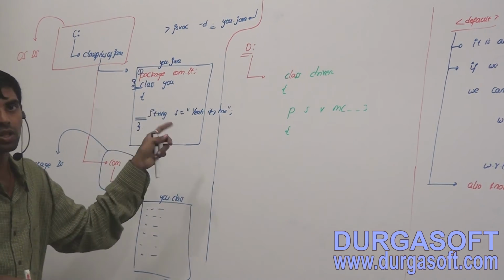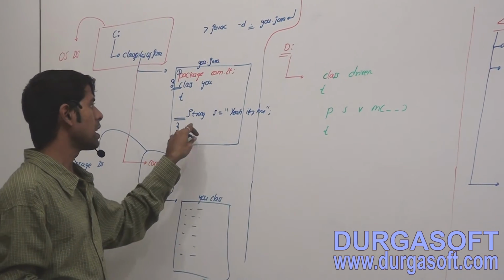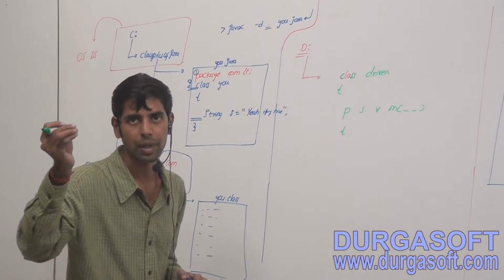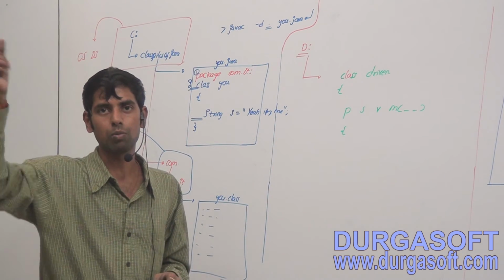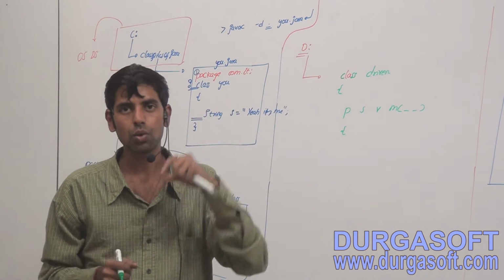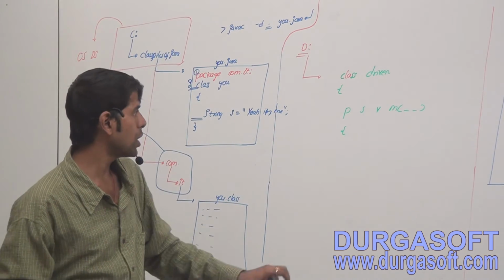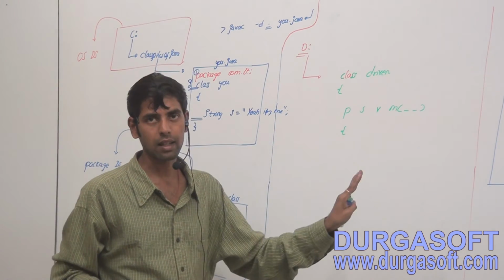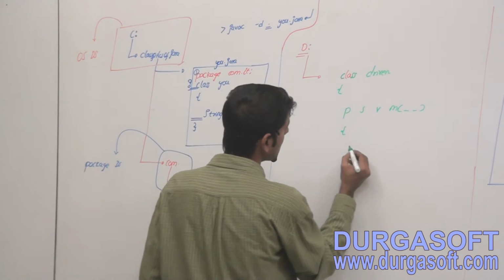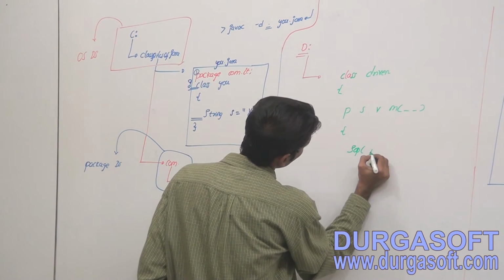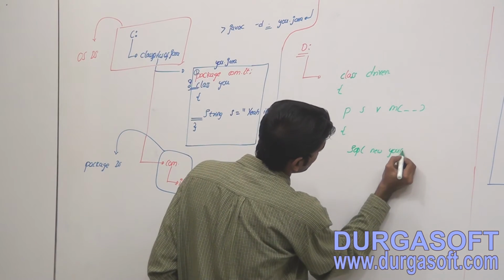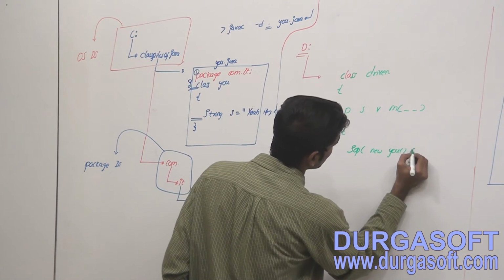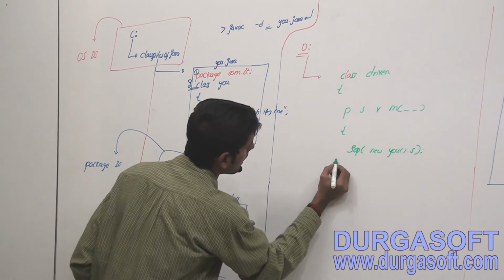It's an instance data member, so how to access it? By creating an object; only on an object reference can we access it. I am going to write that statement directly: SOP of new U constructor dot.